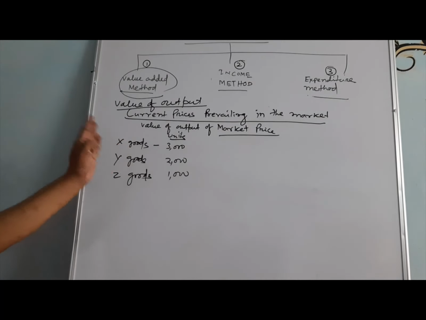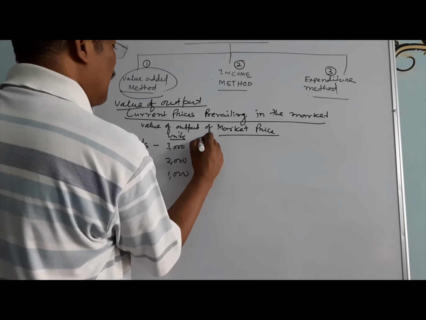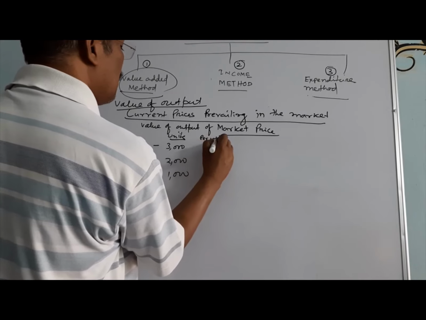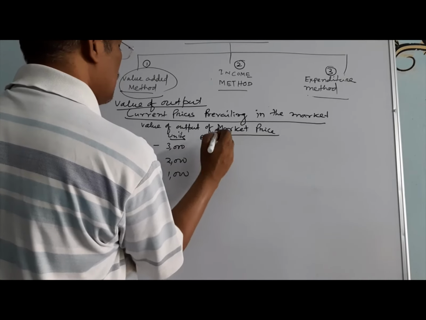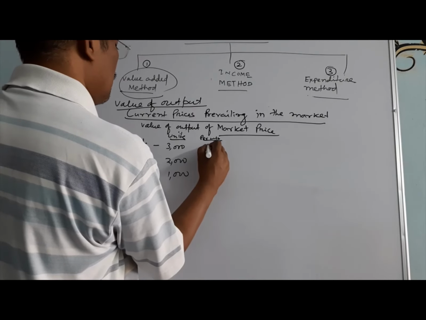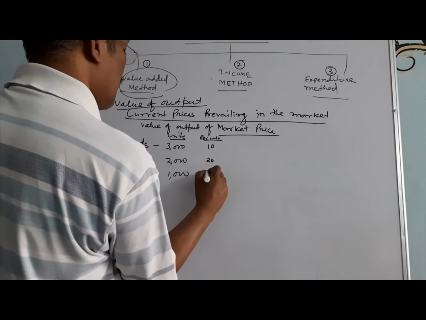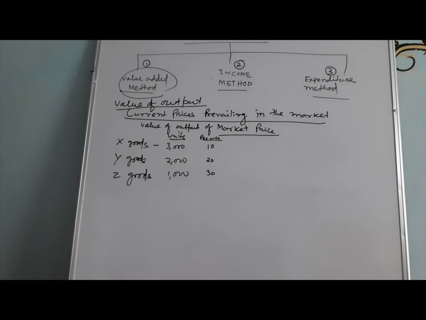That was the production, for example. And the per unit price is, suppose, 10 crores, 20 crores, and 30 crores.